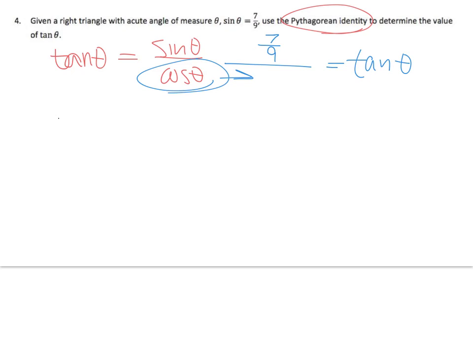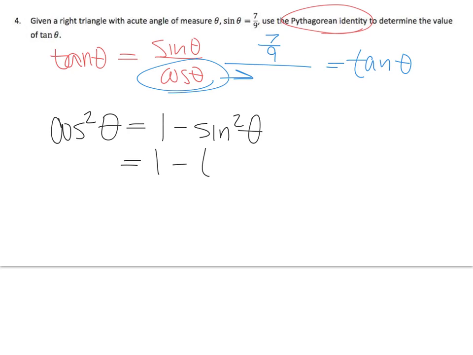I'm going to use how I rearranged the identity for the last question and plug in what I know: 1 minus 7/9 squared. 7/9 times 7/9 equals 49/81.